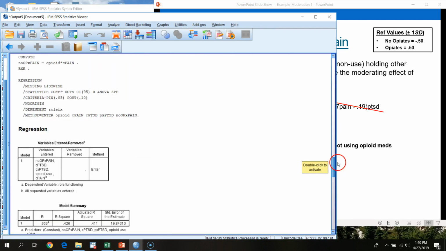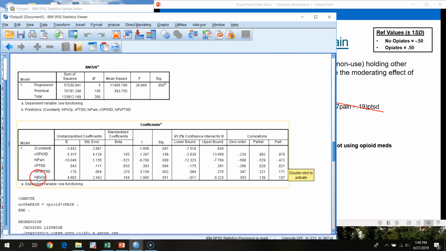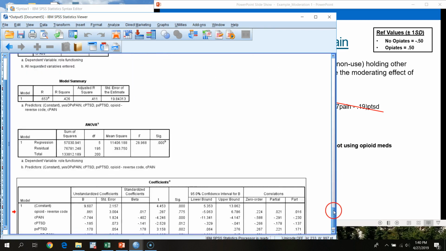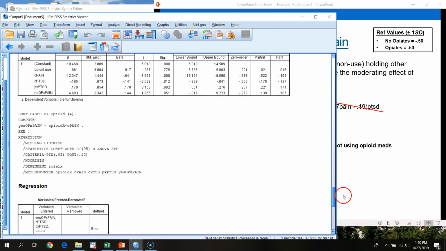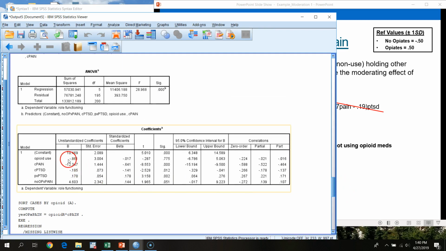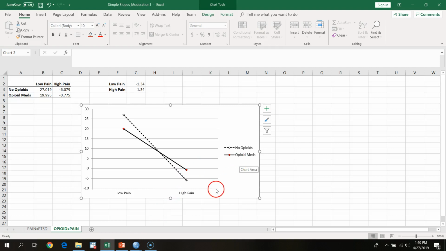But I know that because my interaction in my original base model was statistically significant, the conditional effect of pain for people who are using is reliably smaller than the conditional effect of pain for people who are not using opiates. And so again, it looks like as pain increases, role functioning decreases, but that association is weaker for people who are using medications as opposed to those who aren't, which kind of makes some sense.